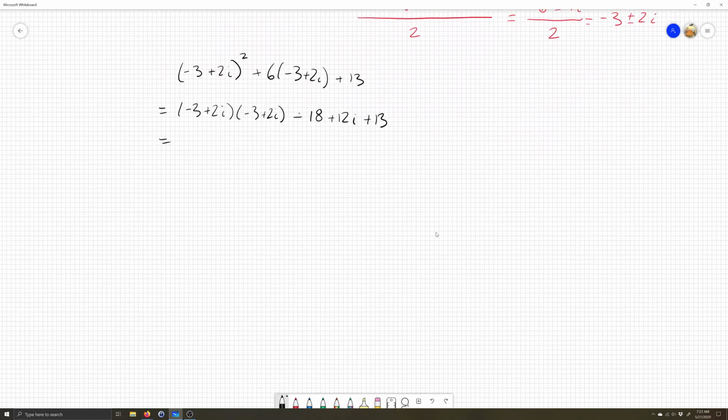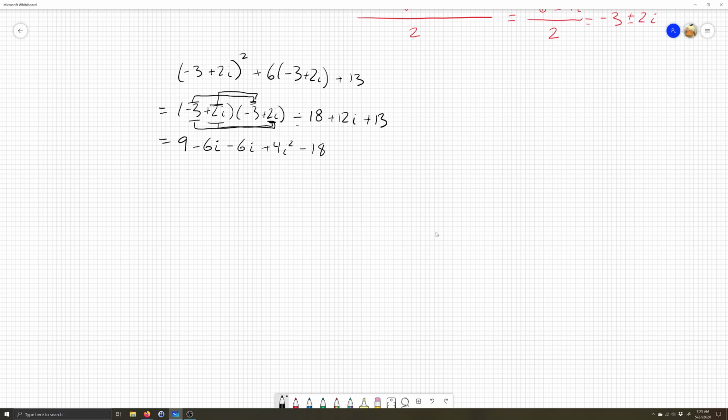So let's see. Negative 3 times negative 3 is positive 9. Then I get minus 6i, and I get another negative 6i, and then 2i times 2i is going to be plus 4i squared.